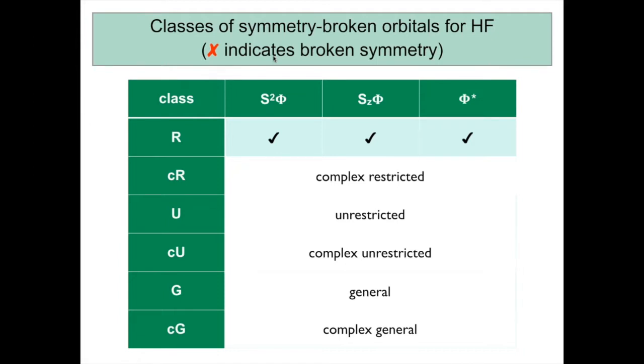So this slide is really telling you about roughly the 5 classes of symmetry-broken Hartree-Fock solutions that might be useful or interesting. So sometimes you can keep the eigenfunction of total spin, the projection of spin onto the z-axis, and just break complex conjugation symmetry.